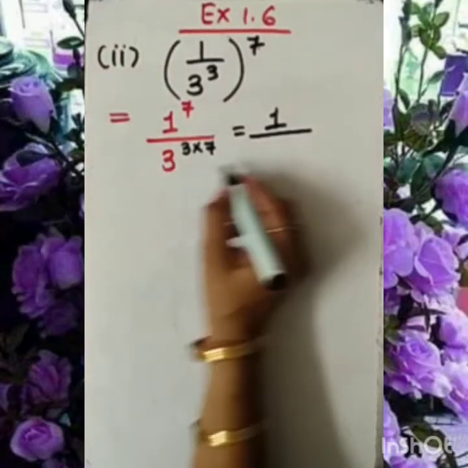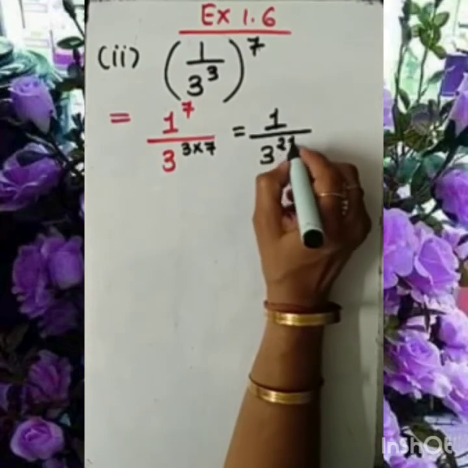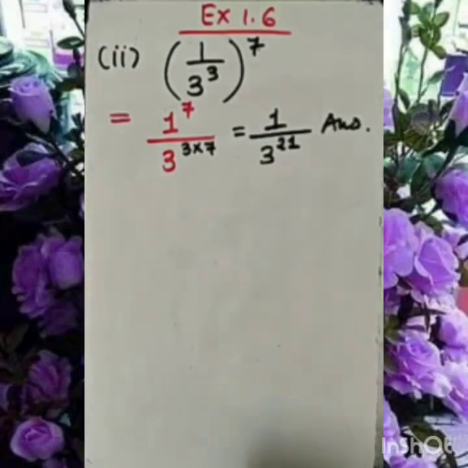Same here, 3 to the power 7 times 3 is 21. No further solution is needed, because 3 to the power 21 can be computed, no doubt, but it will become too lengthy. Its answer will come in more than thousands and lakhs. So better let it be as it is.